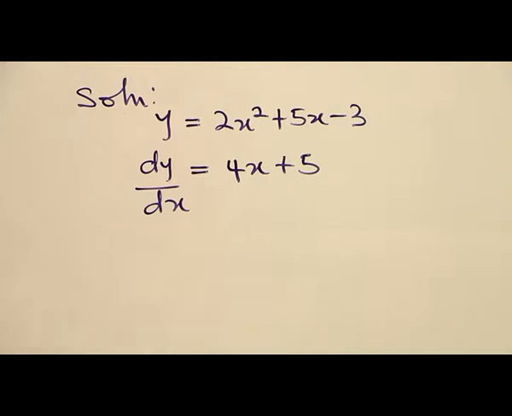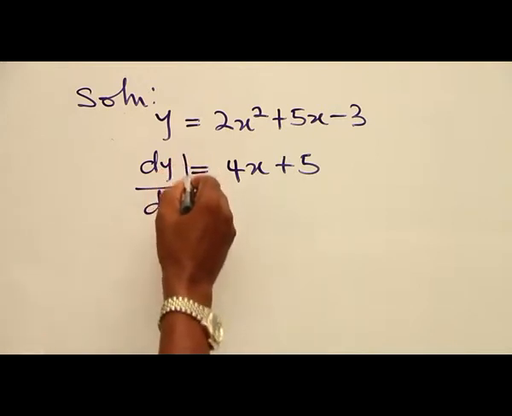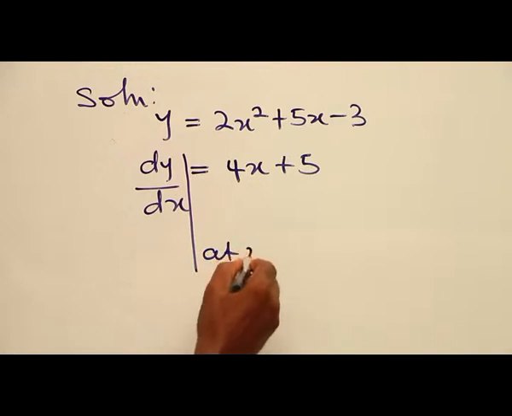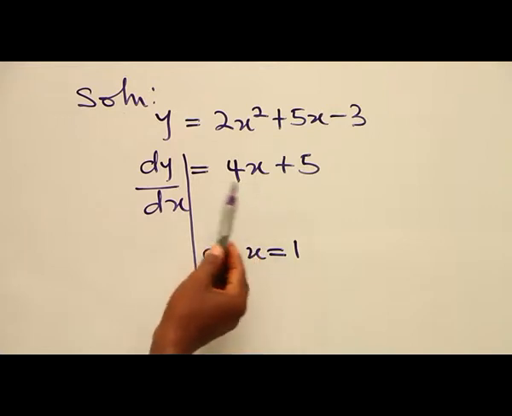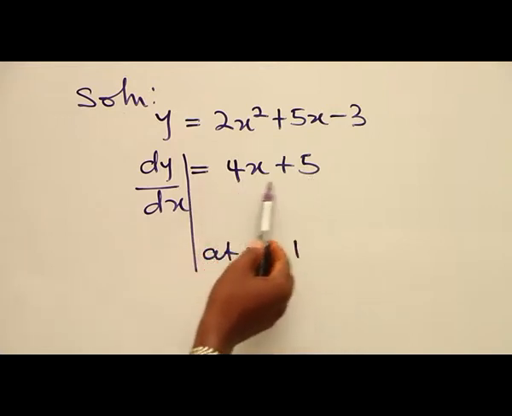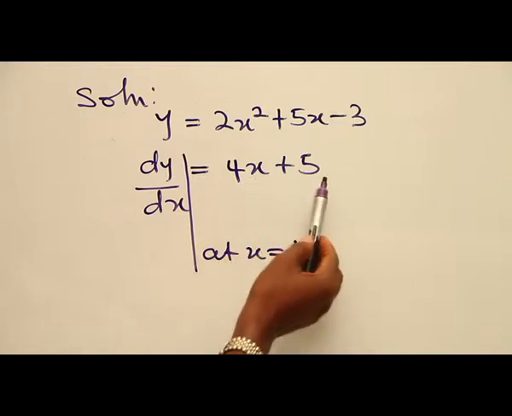Now, we are going to evaluate this at x equal to 1. There is no point considering y equal to 4 because the derivative does not have a y variable.